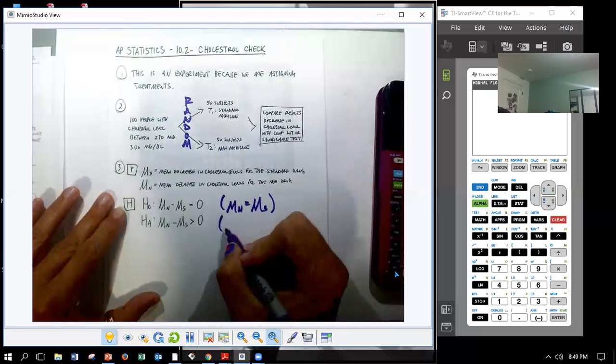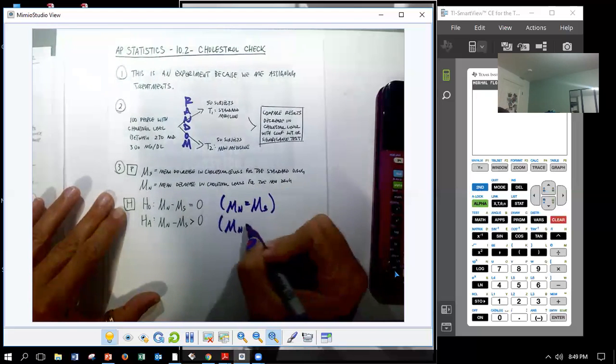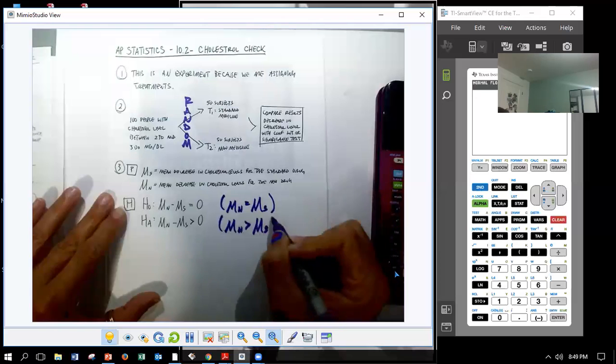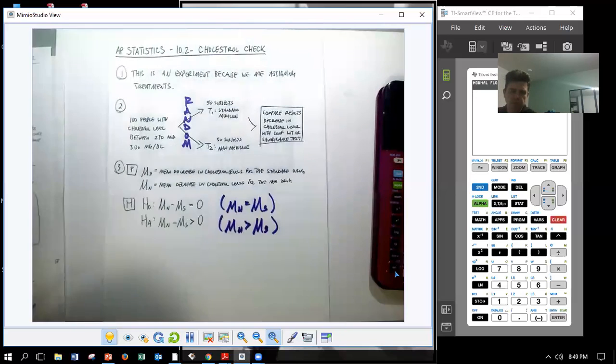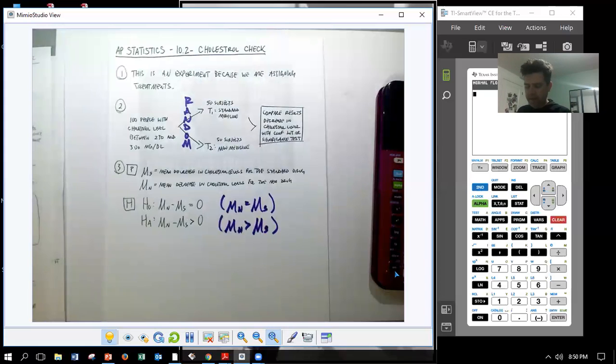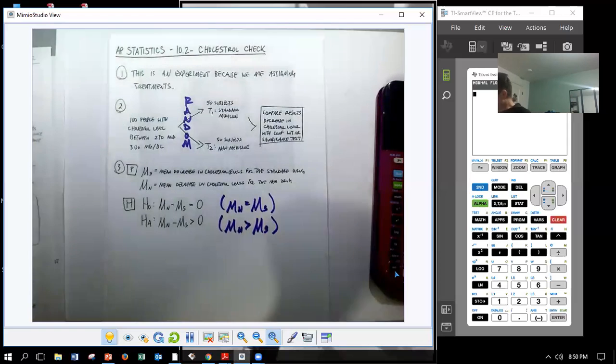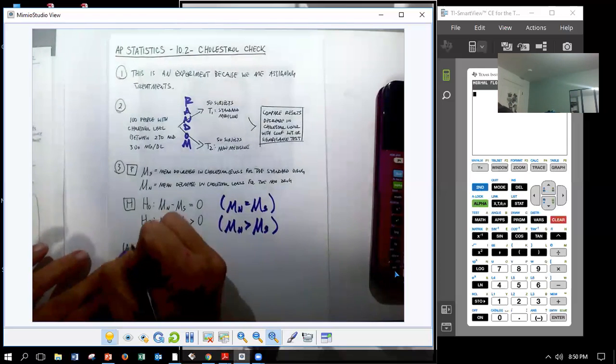And then over here, this would be mu sub N is greater than mu sub S. So you can see that when you solve it that way, it's a little bit easier to see. For me, oh, I want the mean decrease of N to be bigger. So sometimes we'll see the hypotheses written that way when we're trying to figure out which one we want to do.